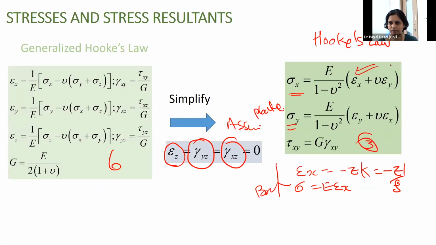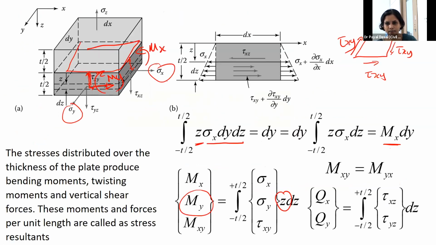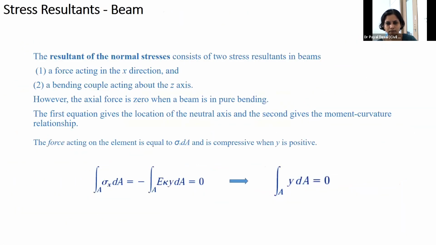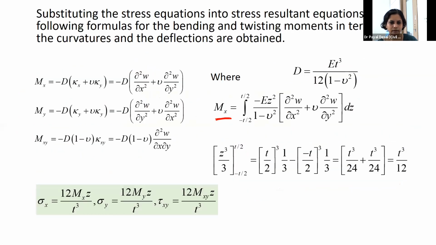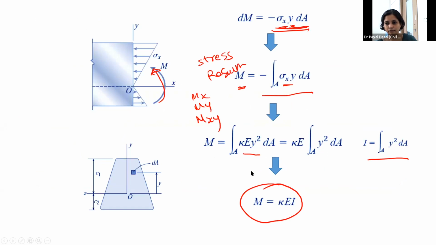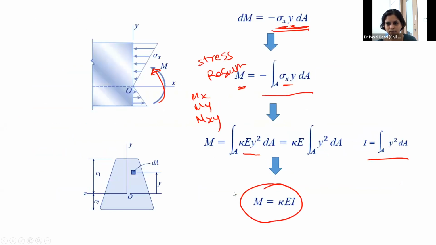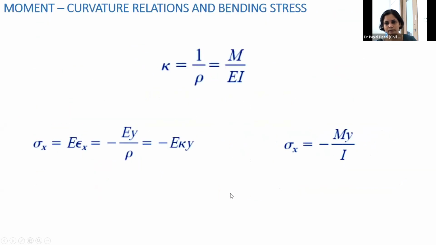Here I am able to replace epsilon x in the sigma equation, and I can determine the stress also. It is just like in case of beam, how you determine My by I.